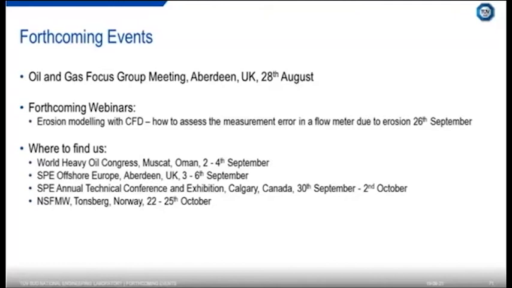Another question here, somebody asking about radiometric techniques for measuring density. It depends on the application. We do use gamma ray densitometers in our existing multiphase facility for measuring essentially the void fraction across the tube. Now, you can infer density from that, and they can be used, but they're not routinely used, partly because obviously you're handling a radioactive source.